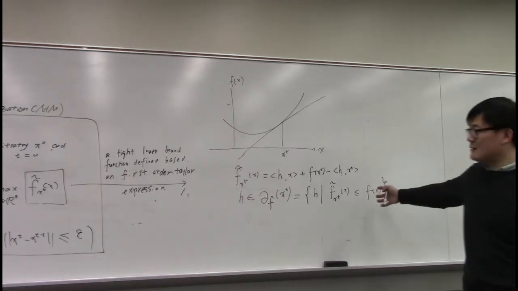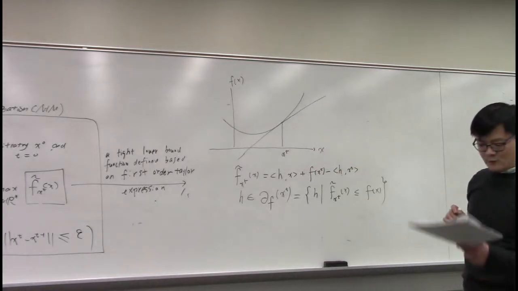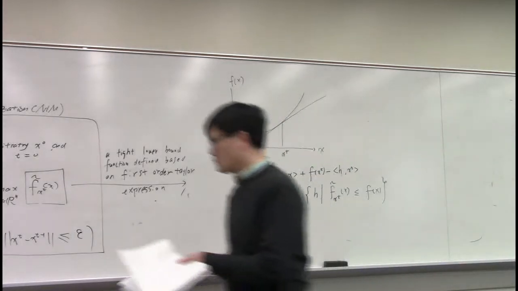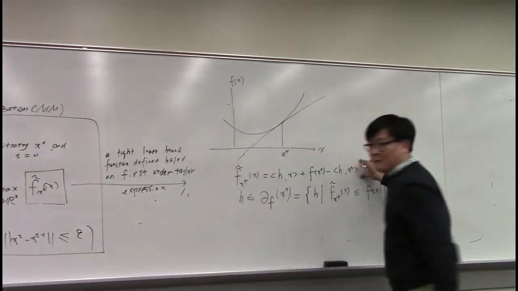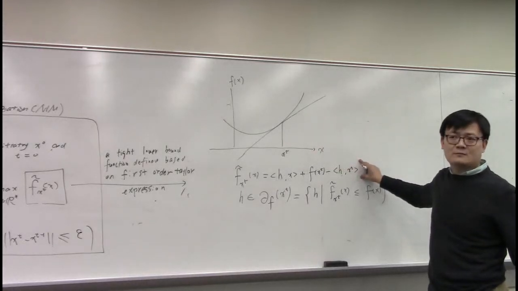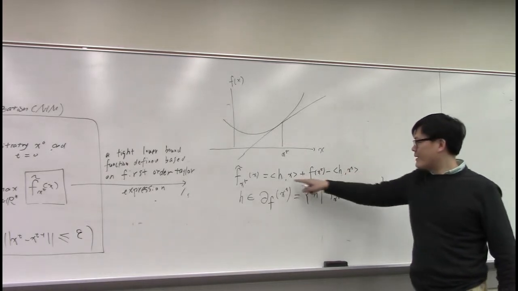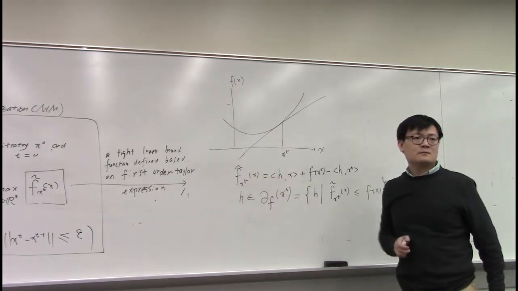I'll tell you this is equivalent to this form. First thing to keep in mind: first order Taylor expression is naturally a tight function, which means no matter what h is, this is always equal to f at x_t.